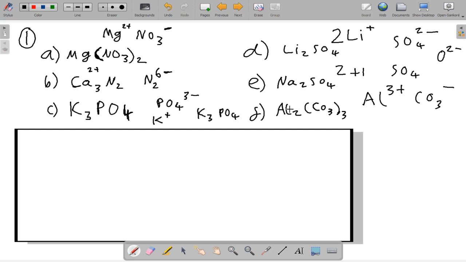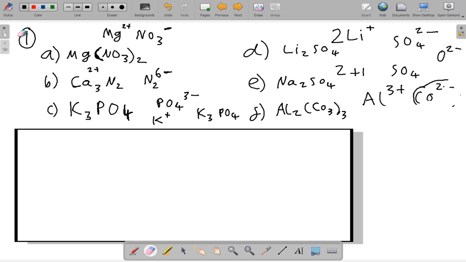So in order to cancel an overall 6 plus charge on Al2, we need 3 carbonate ions or molecules rather to cancel 2 of these. So we get Al2(CO3)3.